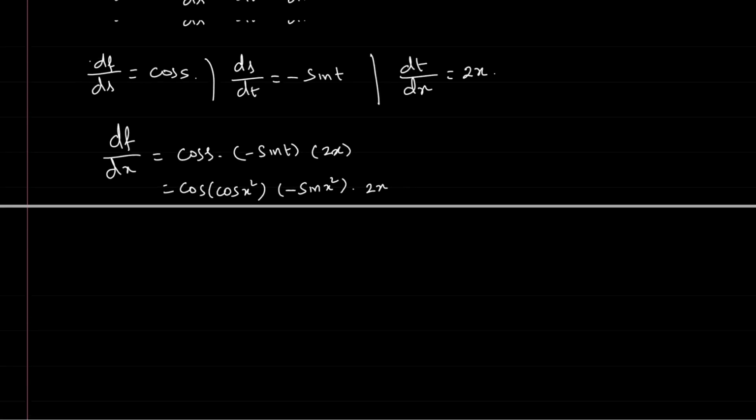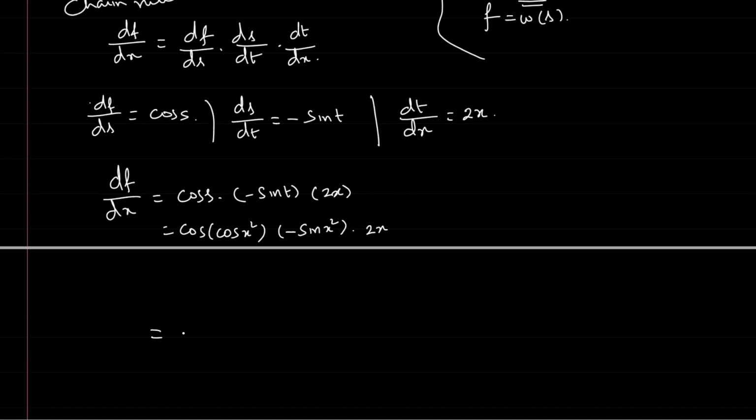Therefore, we can write this as minus 2x cos of cos x square into sine x square. This is the answer for this problem.